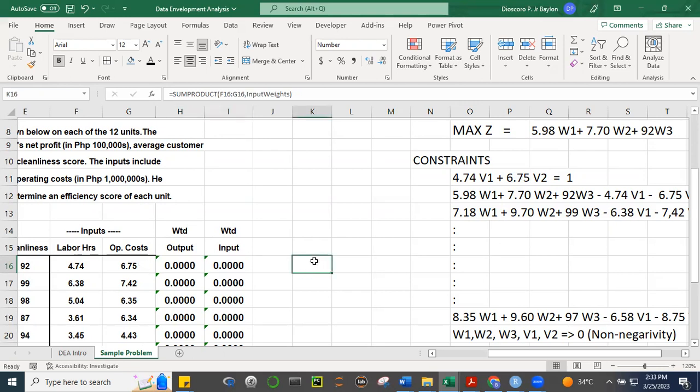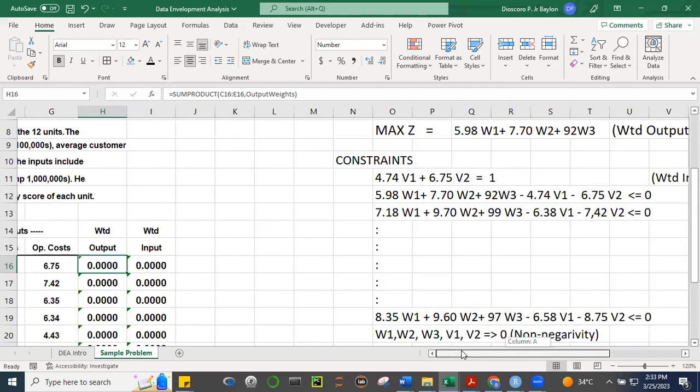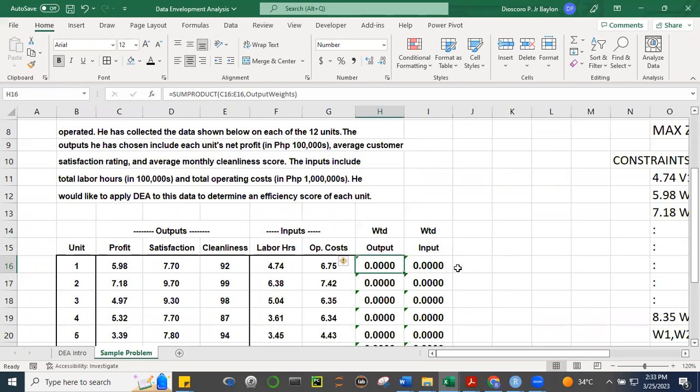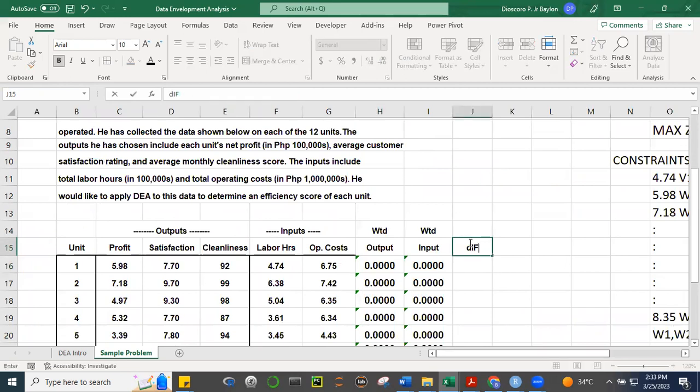So this is the weighted input for unit 1. This is the weighted output for unit 1. And then we need to get the difference between the weighted output and the weighted input. Okay, so let's make this the difference, which is our weighted output minus weighted input.